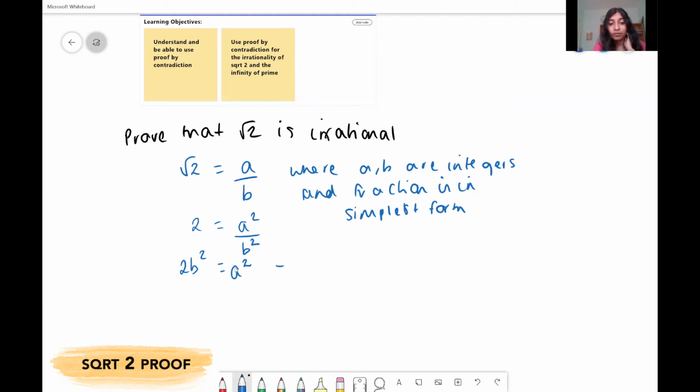This therefore implies that a squared is even, as a squared is 2b squared. And this further implies that a has to be even, because if the square number is even, the square root also has to be even.